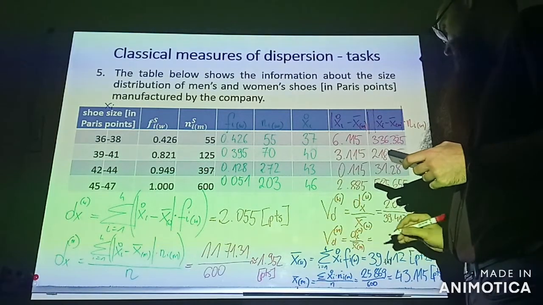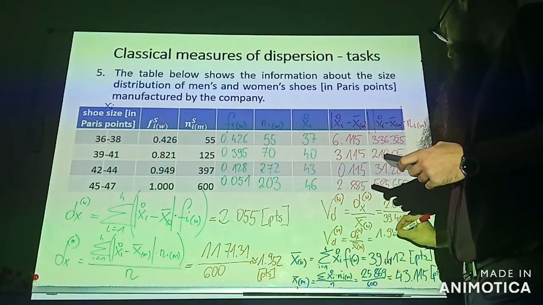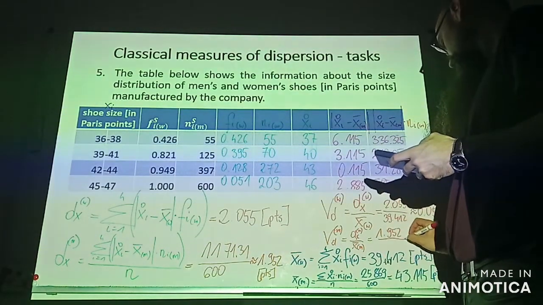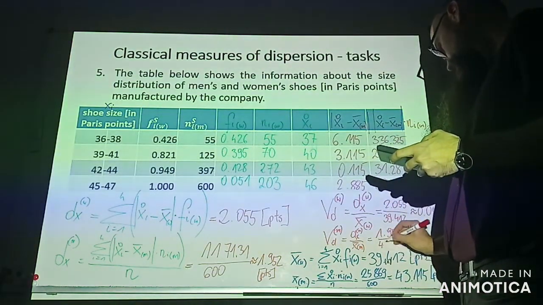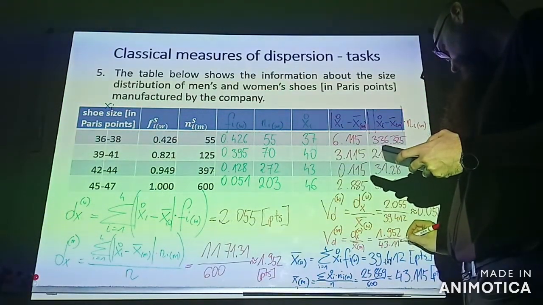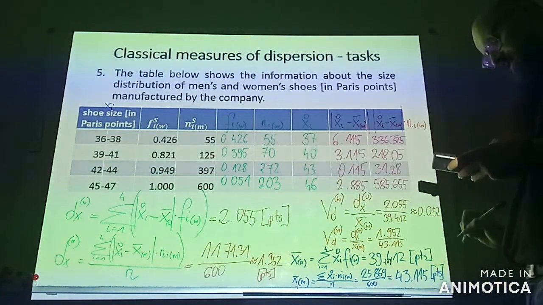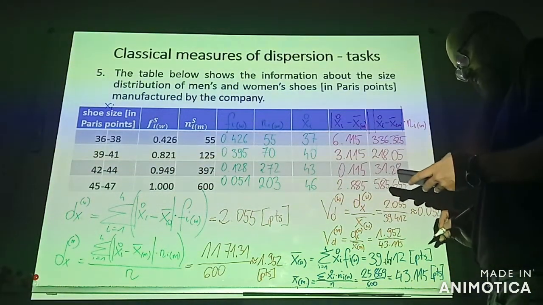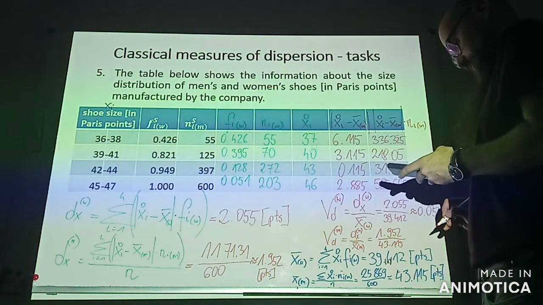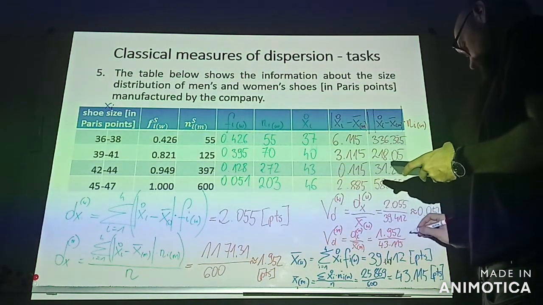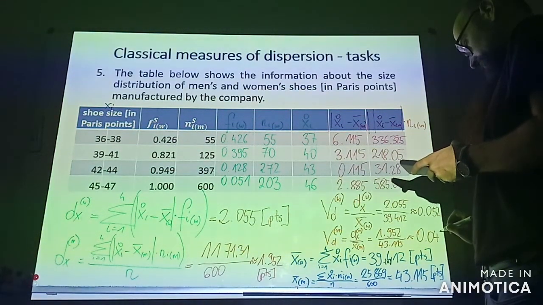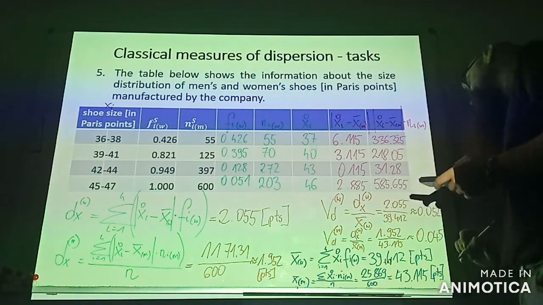In our case, it's 1.952 divided by 43.115, and the result is very similar to the previous one, 0.045.